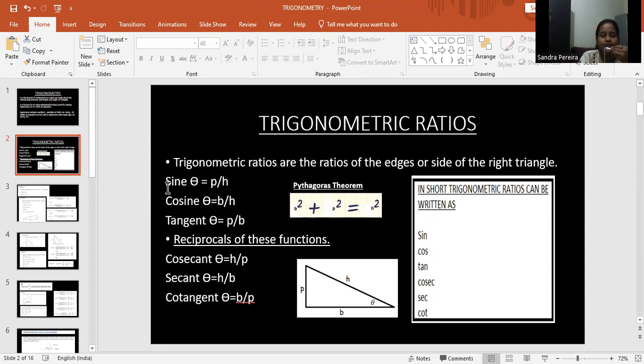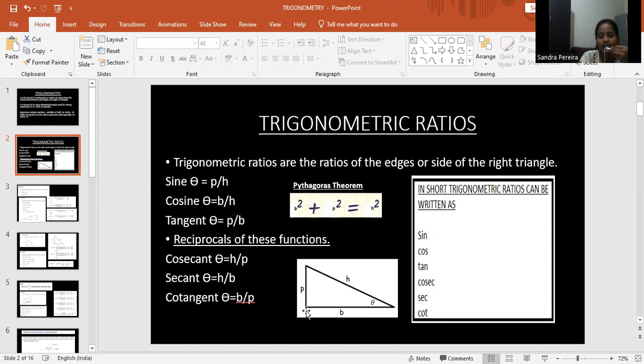Here, sine of theta is the ratio of the perpendicular of a triangle and the hypotenuse of a triangle. In the trigonometric functions or trigonometric ratios, we are using a right angle triangle.